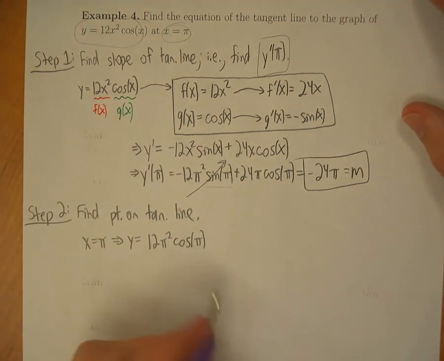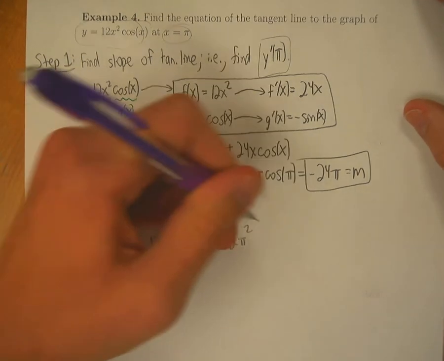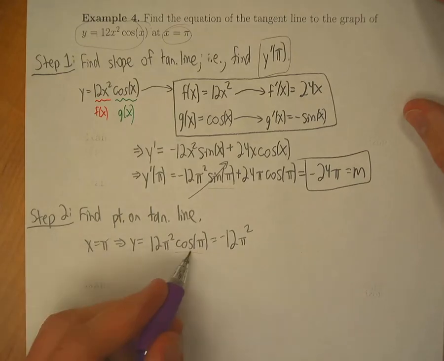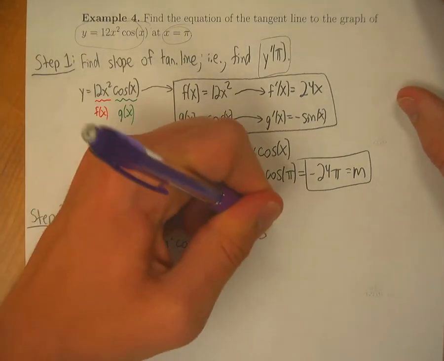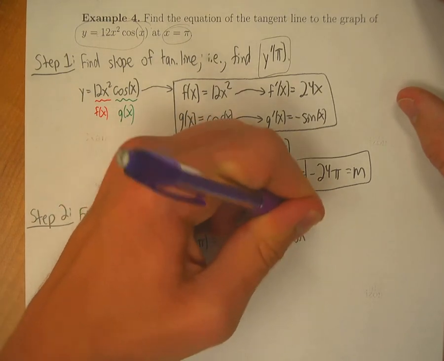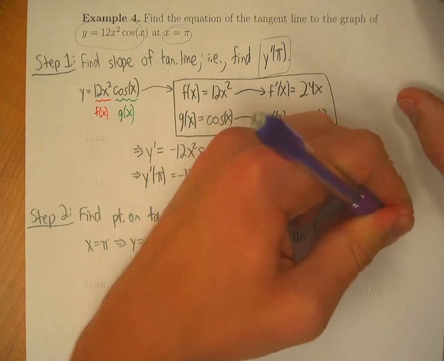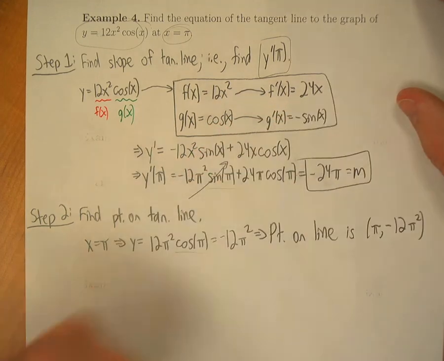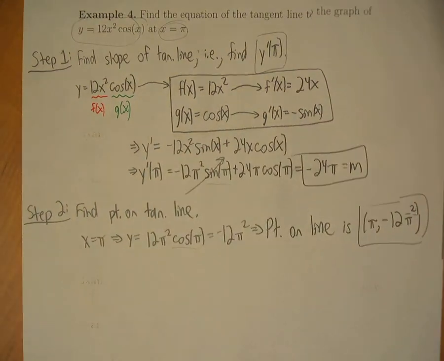Cosine of pi is negative 1, so that gives us negative 12 pi squared. So then the point on the line is pi comma negative 12 pi squared. Okay, so that takes care of step 2.